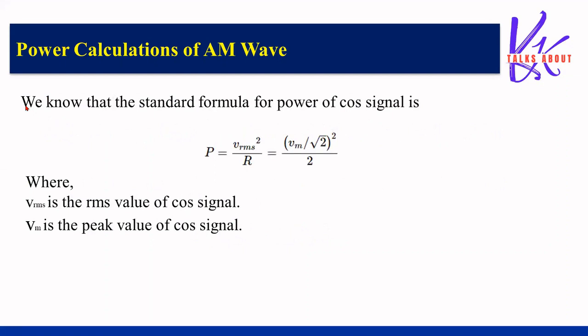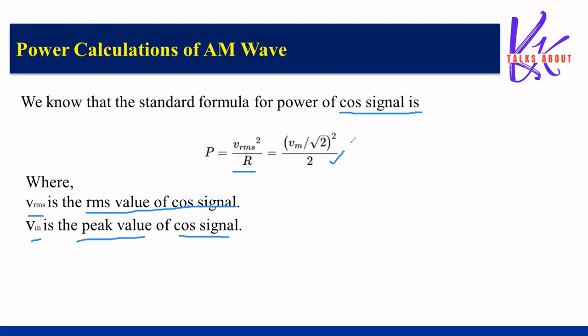Now, we know that the standard formula of the power of a sinusoidal signal or a cos signal is given as P equals Vrms square by R. We can also write the Vrms value as Vm by root 2, whole square, by R. This is the standard formula of the power consumed by a sinusoidal signal, where Vrms is the RMS value of the signal and Vm is the peak value of your signal.